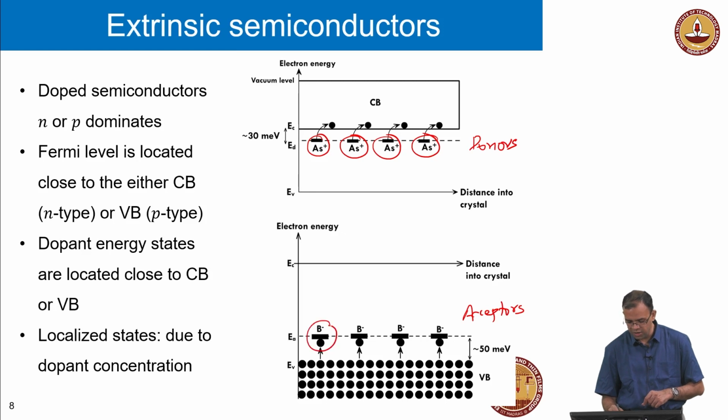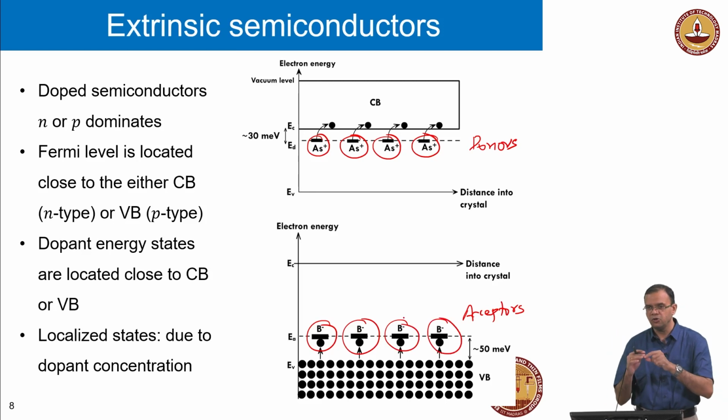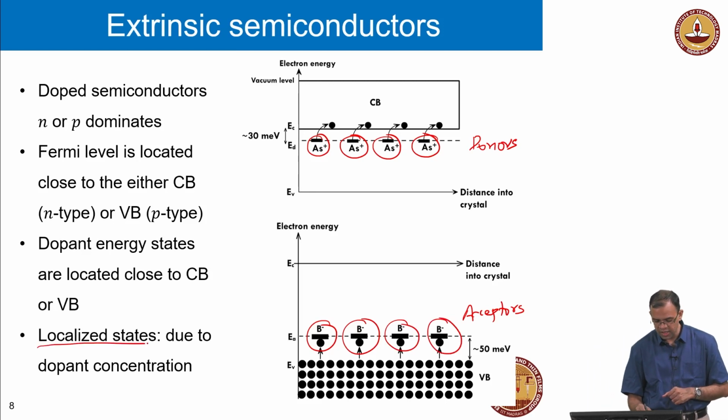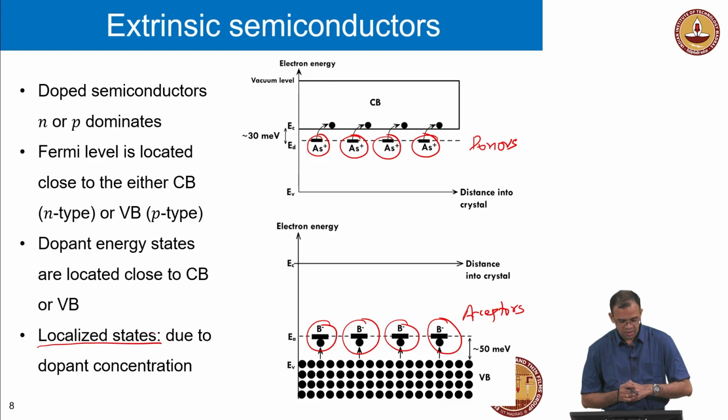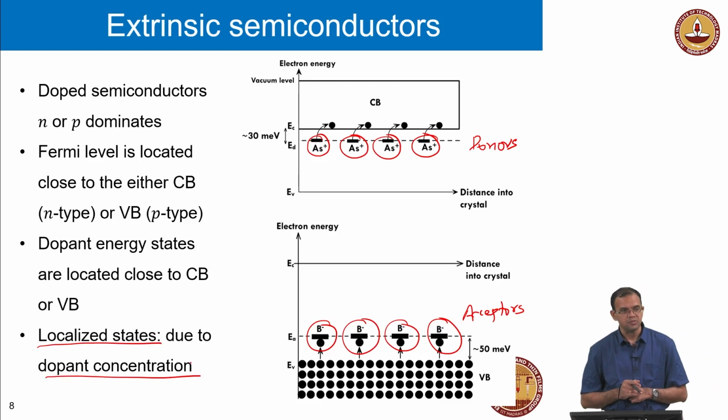The same way here, we also see the boron states. We only draw them as dots, we don't draw an extended impurity state. And the reason is most of these states are localized because of the low dopant concentration.